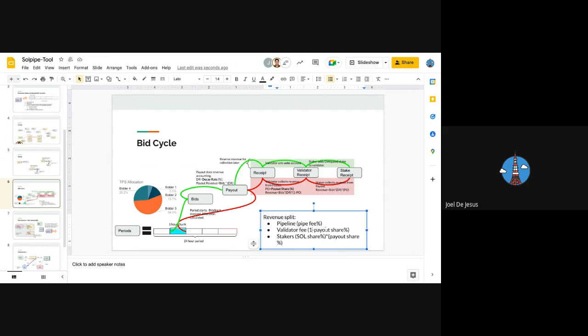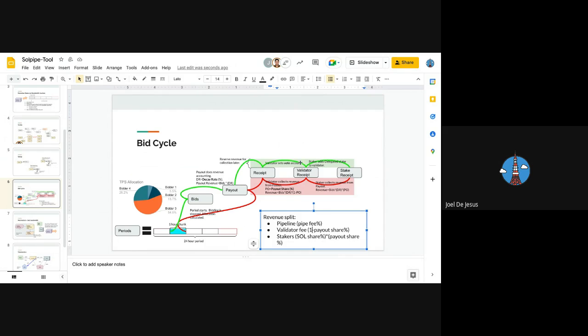So there's a trick where you have to figure out how much money to pay everybody. In the green line, before the period starts, everybody's got to register. Like, hey, I'm a validator. I'm with you, pipeline. So any bids you get, you got to pay me. And then the stakers have to watch the validators.